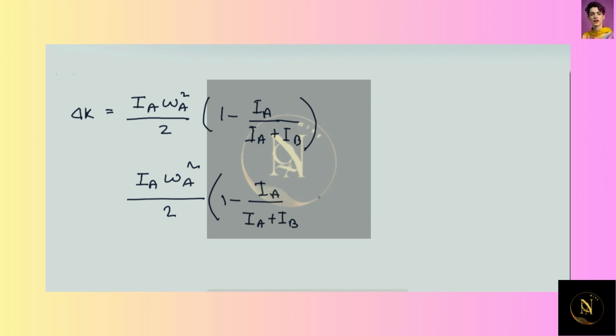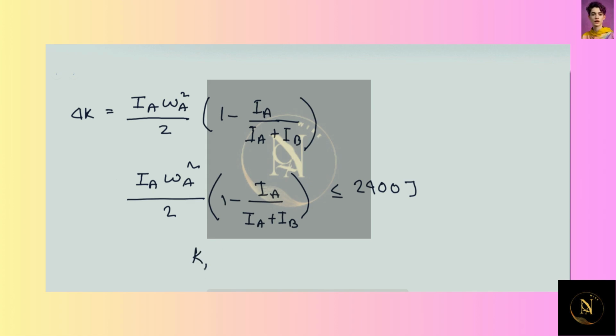should not be greater than 2400 joules. And from here we can see that this part right here is the kinetic energy of disk A, so we can substitute that by Ka.